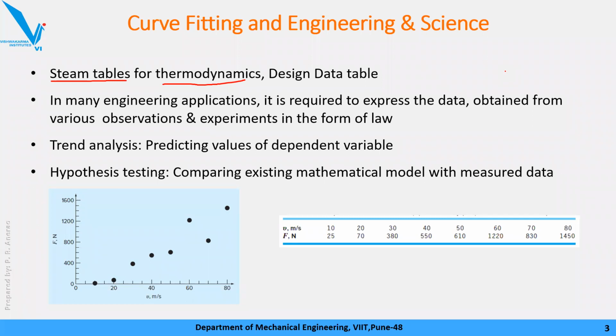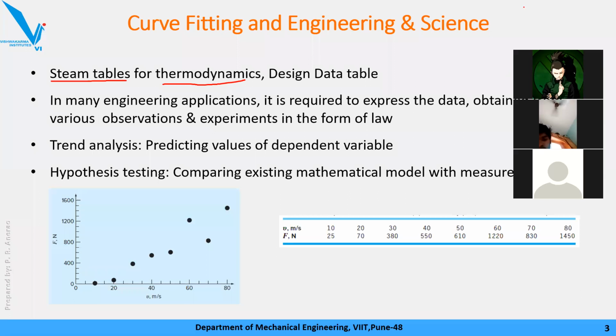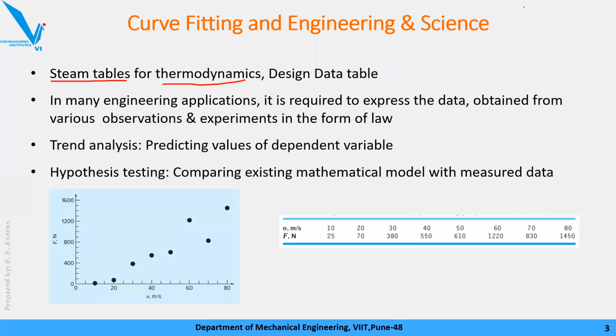What if during the solution I came across a temperature of 104 or 103 degrees Celsius, for which I would like to know the enthalpy? That is not available in the table. So at that time, either you need to interpolate it, or you might have some kind of function which will calculate that value and give you the answer.